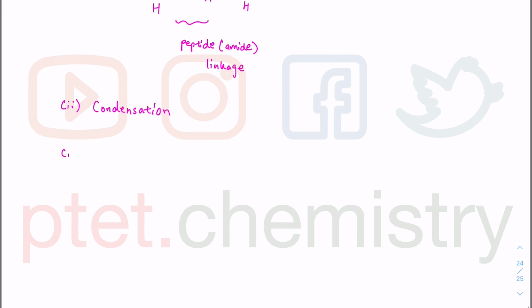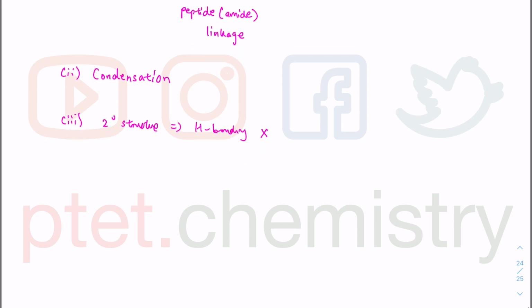In the next part, proline is able to form a polyproline peptide chain. They ask about the secondary structure, and why the secondary structure cannot be stabilized by hydrogen bond. So hydrogen bonding is not possible, that's what they are saying. A very easy way is to look at the polyproline chain.